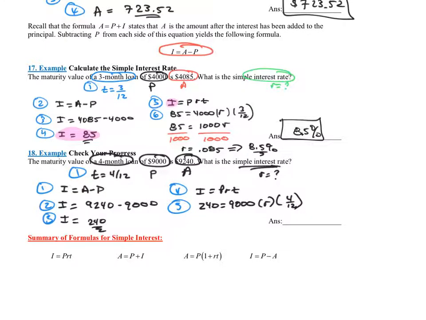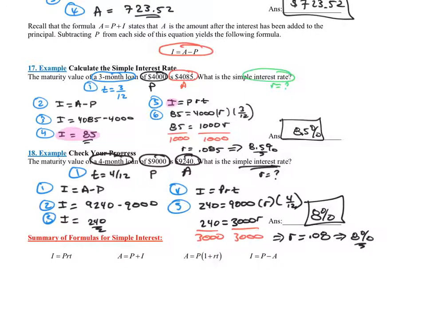When I do that, I'm getting, please see what you're getting, I'm getting 240 equals 3,000 R. I divide both sides by 3,000. When I do that, I end up with R equals 0.08. But again, that's as a decimal. I need to write that as a percentage. So I'm getting a final answer of 8%.